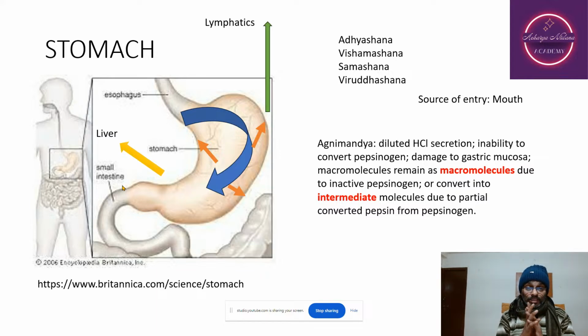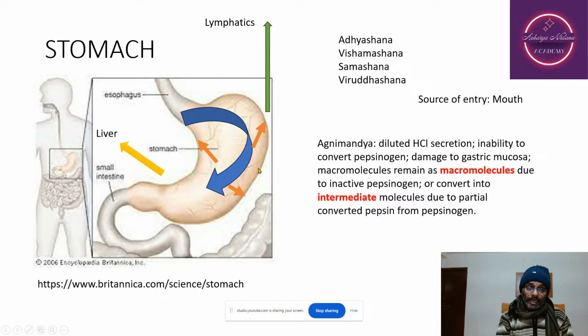When there is proliferation of infections, infectious pathogenesis is happening, which leads to gastric mucosal damage. This in turn leads to the entry of macromolecules or intermediate molecules into the interstitial compartment of the stomach.